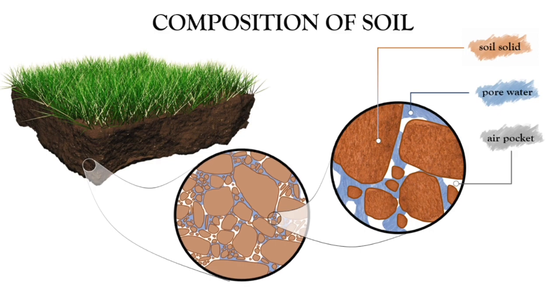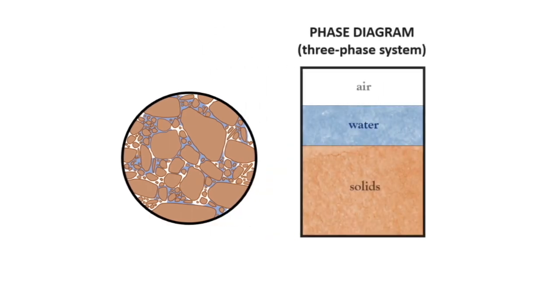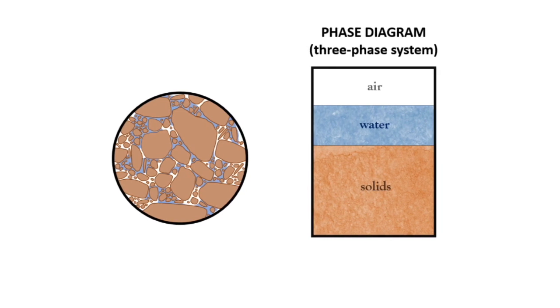Kung titingnan natin yung mismong soil mass, mukhang mahihirapan tayong i-analyze ito kung yung mismong actual structure ng soil yung gagamitin natin. So, para sa analysis ng soil, gumagamit tayo ng tinatawag na block diagram or phase diagram na kung saan pinaghihiwa-hiwalay na natin yung mga composition or components of soil.